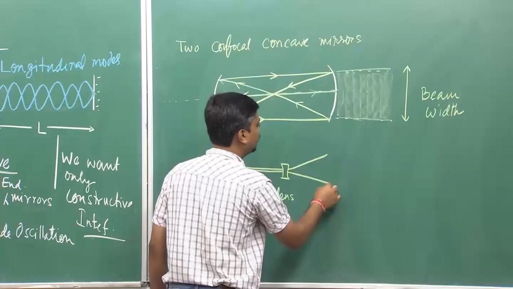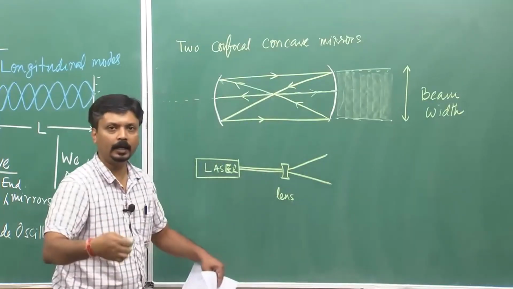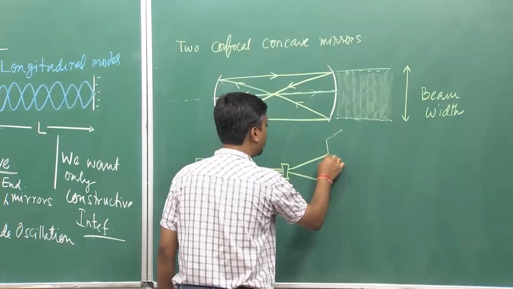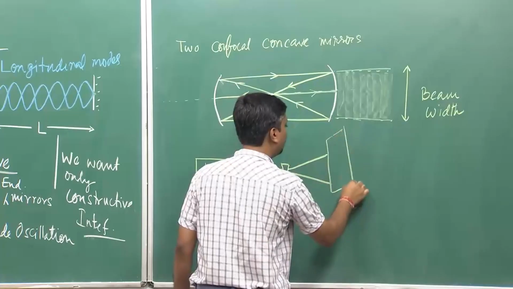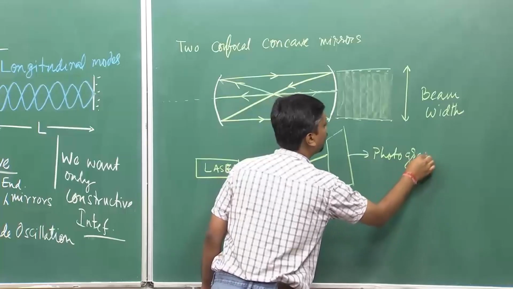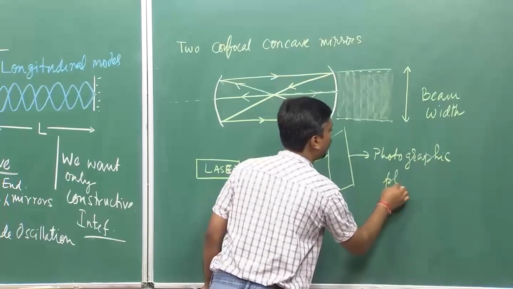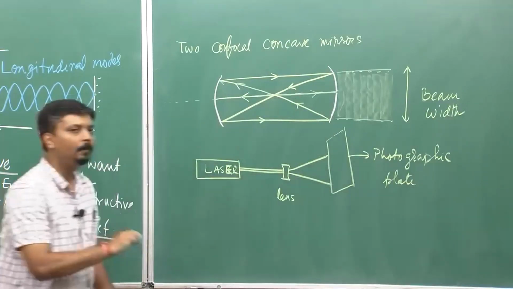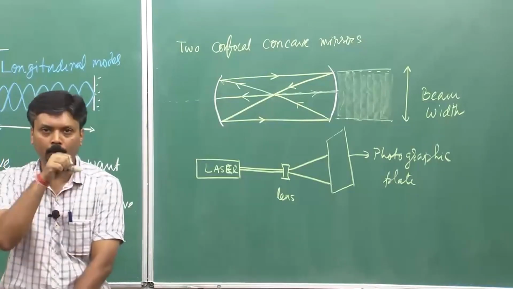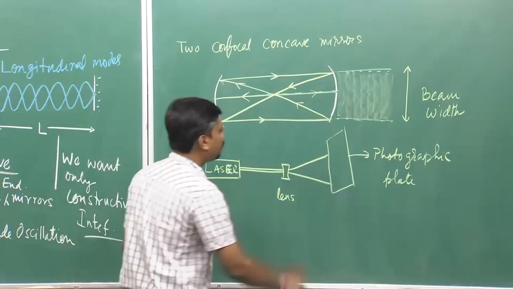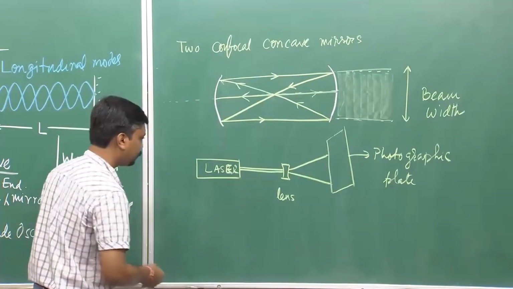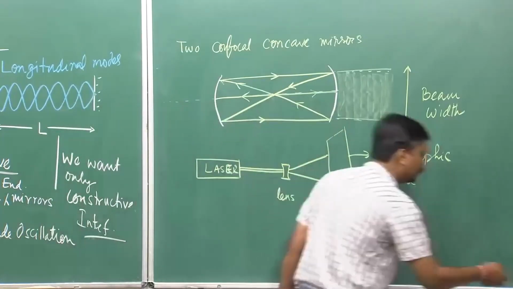Essentially once it diverges, the beam diameter is very large at a distance, and if I put a photographic plate, so this is say my photographic plate, then I will see how the beam is physically distributed. Okay. So, what I can see? I can see some of these following stuffs. So, let me use a different color.